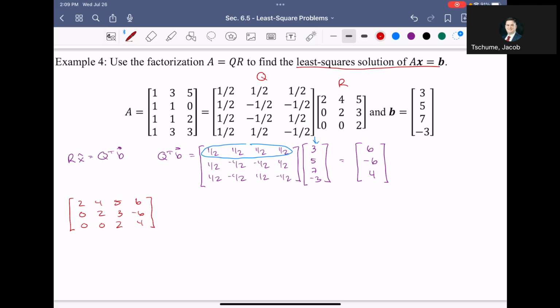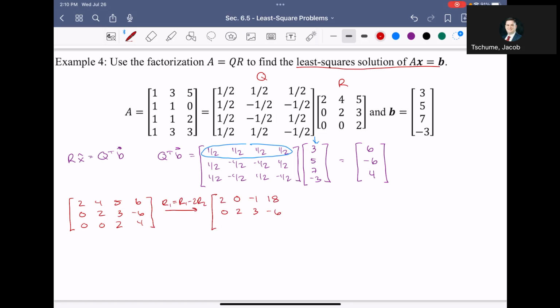So now my job is to put this into reduced echelon form. A couple things you could do here. I'm going to take row 1 and subtract 2 row 2s to get rid of that 4 first. So that would be 2, 0, 5 minus 6 is negative 1, and then 6 plus 12 is going to be 18. Row 2 stays 0, 2, 3, negative 6.